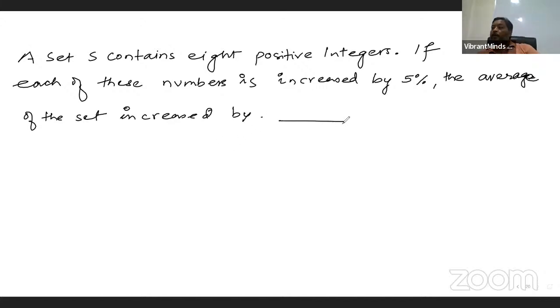Now understand this. A set of 8 positive integers. If each number is increased by 5%, the average of the set is increased by how much?